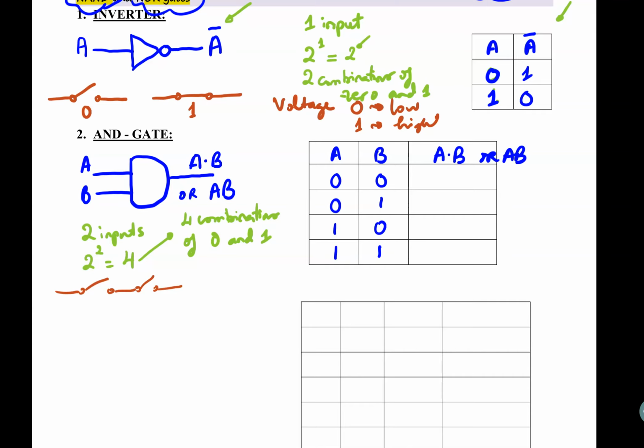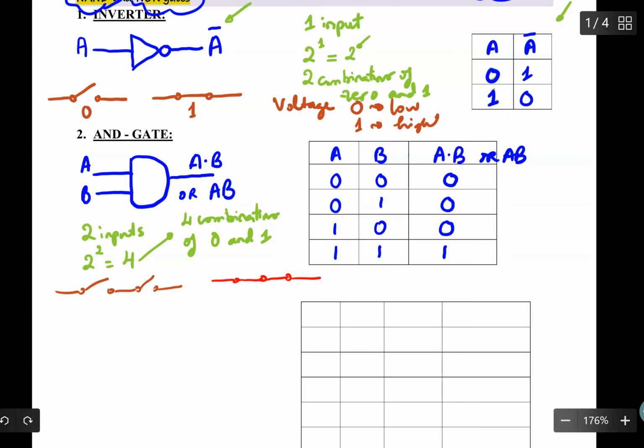So in this case, 0 and 0 will give me a 0. 0 and 1 also gives me a 0. 1 and 0 will also give me a 0. The only time that I have a 1 is when both of my inputs are 1. In that case, I need to close the two switches in order to have the output of 1.